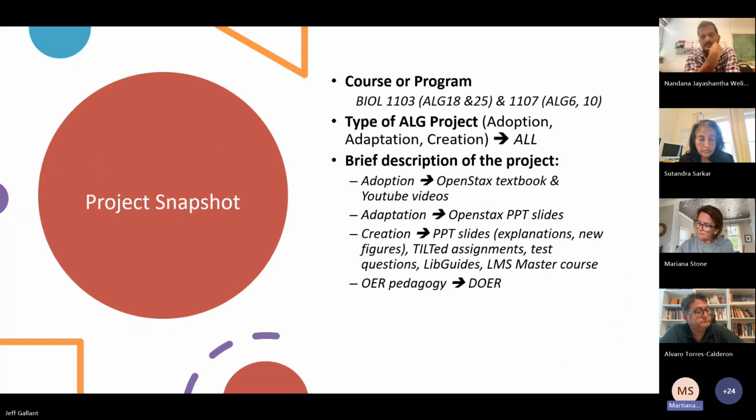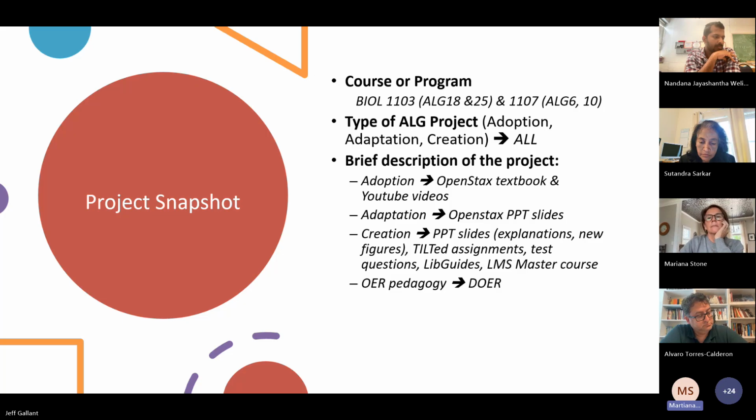Mostly I focus on biology courses. I started with majors biology 1107, and then I moved to 1103. I try to keep it simple, doing the same kind of projects involving adoption, adaptation, and creation. When I did the adoption, I just used the OpenStax textbooks, replacing the Pearson and McGraw-Hill textbooks, and I also used YouTube videos.